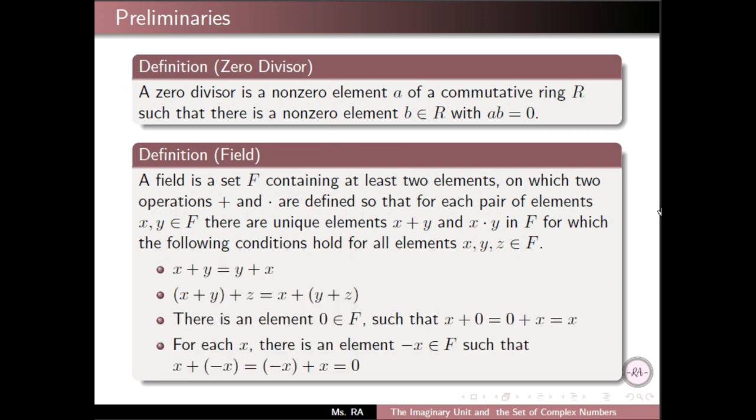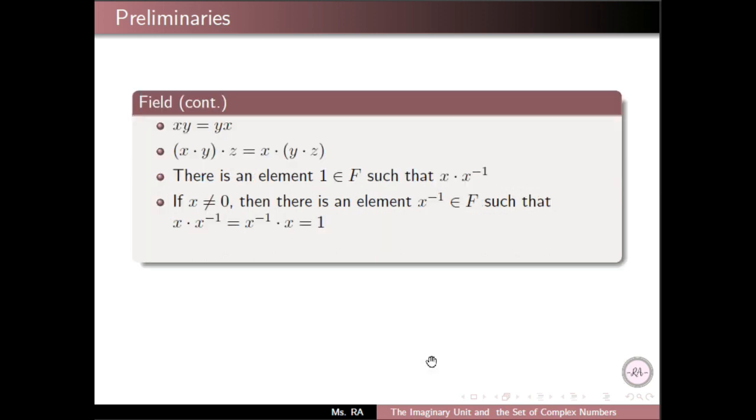The first four are properties for addition. So we have commutativity of addition, associativity, existence of an additive identity, and for every element in F, the so-called additive inverse is also in F. Then the next four are for multiplication.